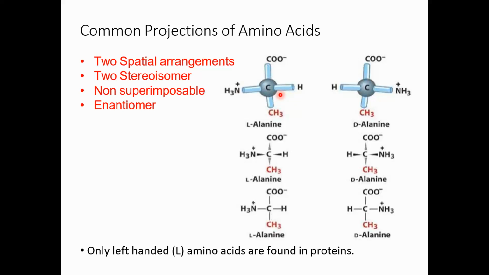These amino acids have different isomers because of the chiral center, that is, because of the attachment of different groups around the central carbon atom. Amino acids with these two isomers are also enantiomers. And what are enantiomers? Enantiomers are amino acids that are mirror images of each other, but they are non-superimposable.